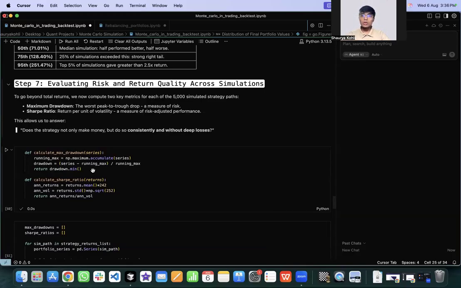So we would like to now go beyond the total returns and compute two key metrics in these 5,000 simulations. The first is the maximum drawdown, or the worst peak-to-trough drop that we could actually get in the share, and the Sharpe ratio, which is the return per unit of volatility, a measure for risk-adjusted performance. Again, a really good Sharpe ratio is more than one.